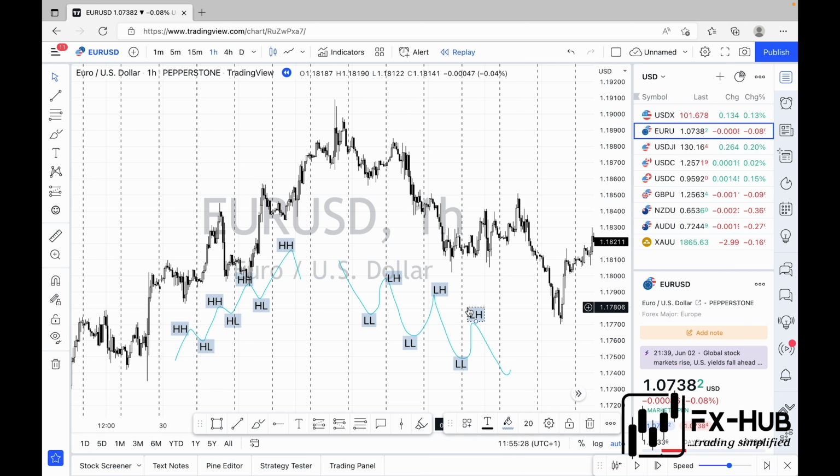So now these are the character map of a bullish trend and a bearish trend.